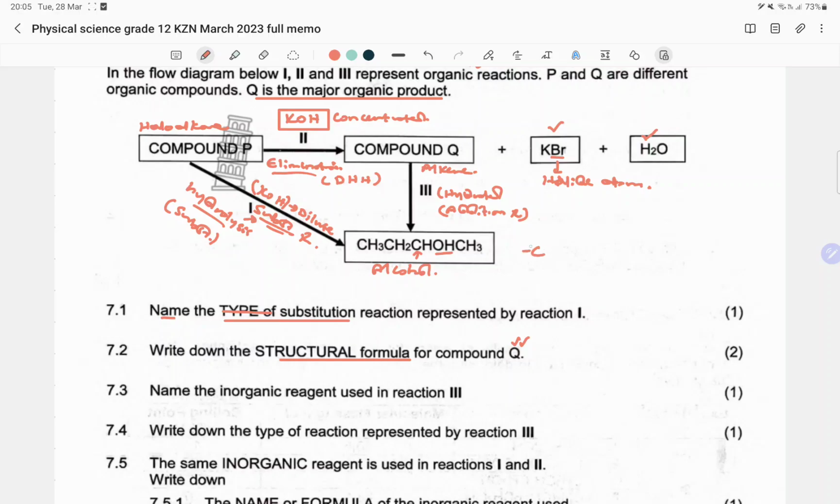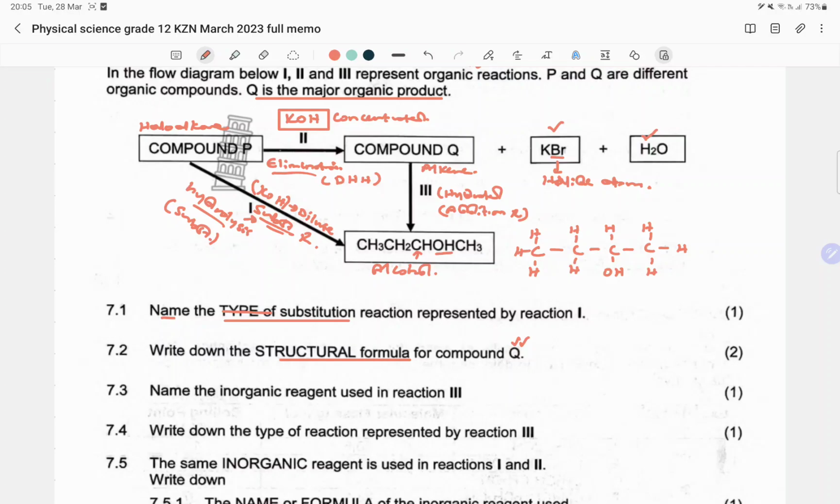So we've got CH3, CH2, and then C, which has a hydrogen, and then an OH here, and then we've got CH3. So our alcohol is like this. So this alcohol is the guide to everything.